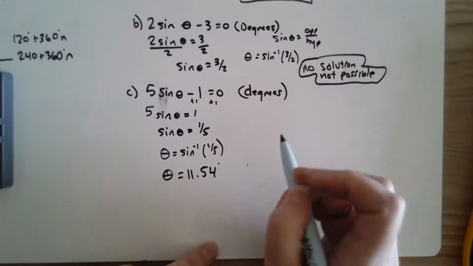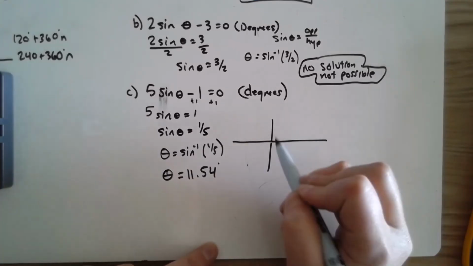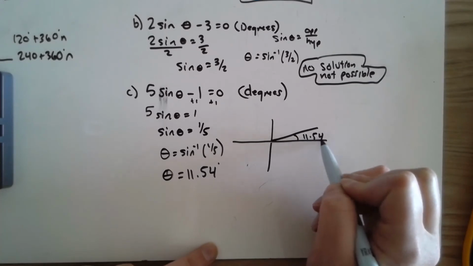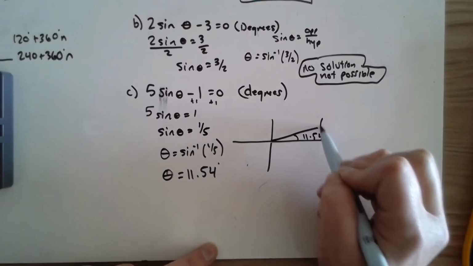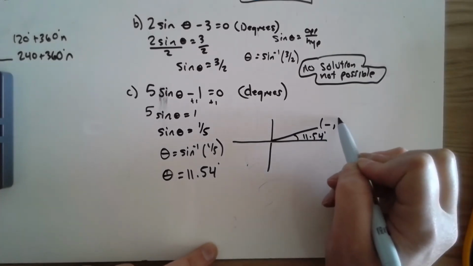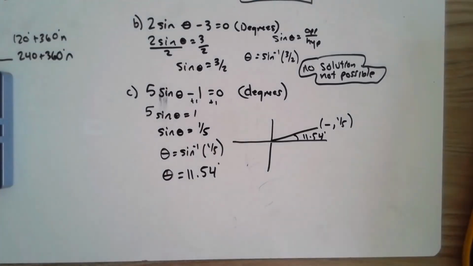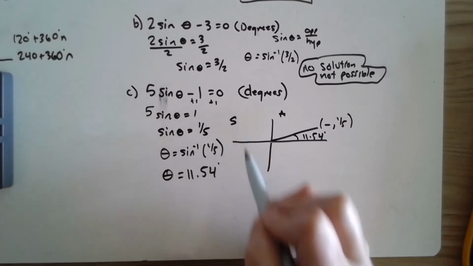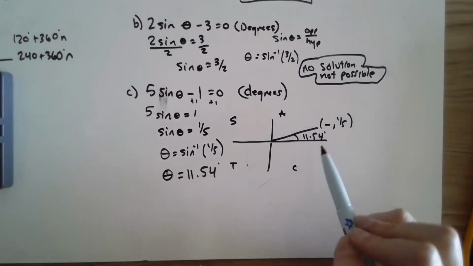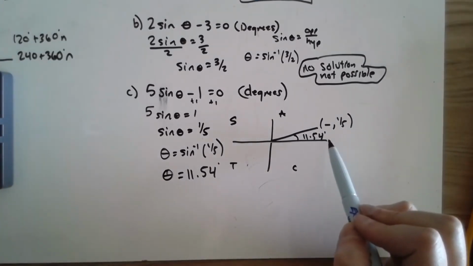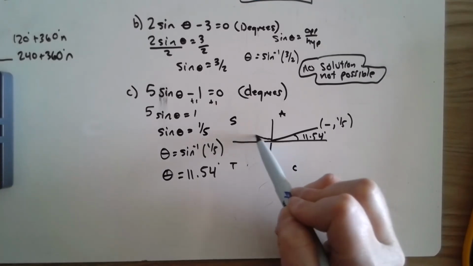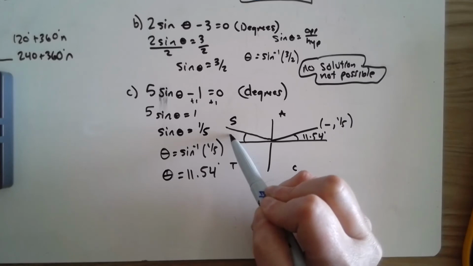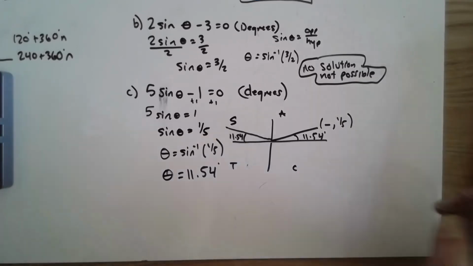So let's look at this. We get 11.54 degrees. This is where, I don't know what cosine is, but sine is 1/5. Okay, this is a positive 1/5. So, all students take calculus. So my other position for a positive is over here. And this right here has to be 11.54.